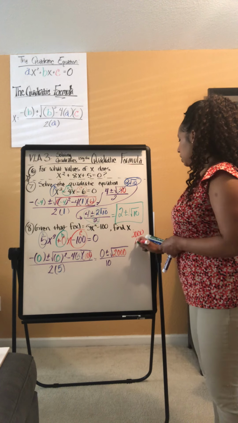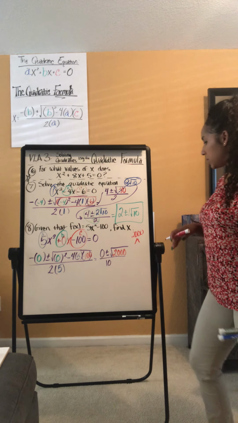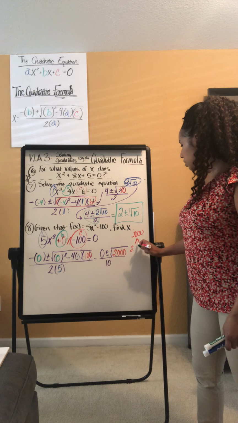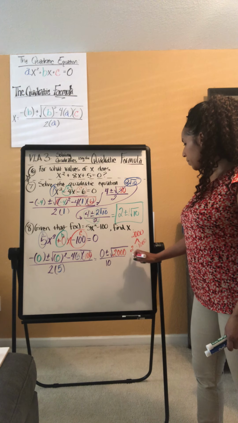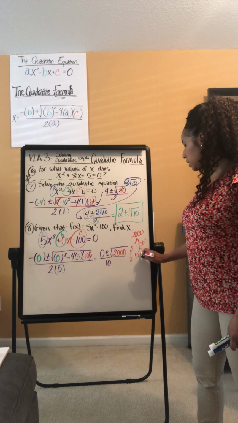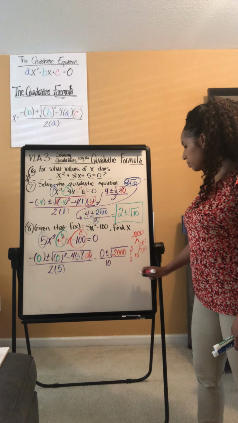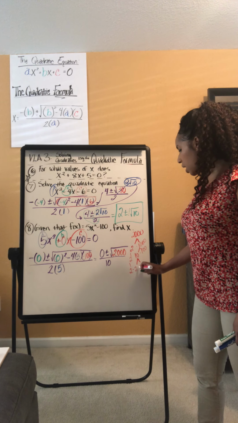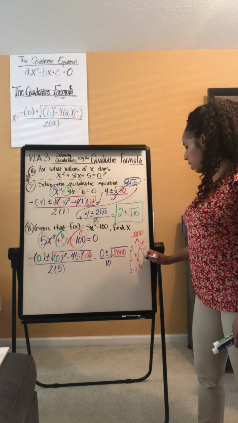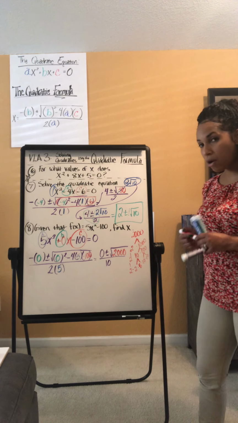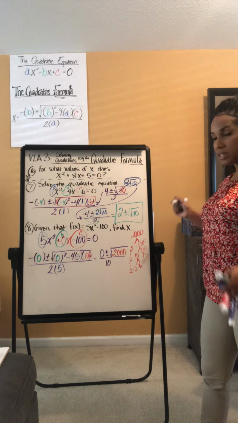So 2,000 breaks down into 2 times 1,000. 2 does not split. 1,000 breaks down into, let's say, 10 times 100. 10 splits into 2 times 5. 100 splits into 10 times 10. And I'll stop right there because my goal is to get 2 of the same numbers, right?